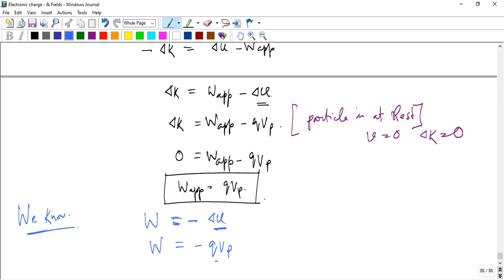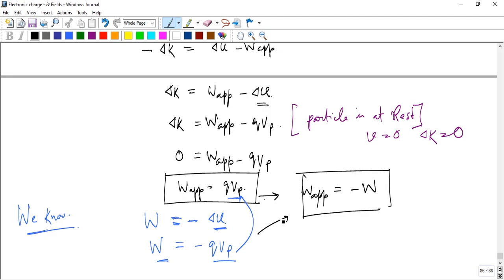Now replace QVP with minus W. So we get W applied equal to minus W. This shows that the work by the applied force is negative of the work done by the field.